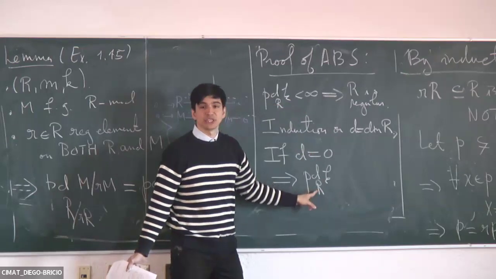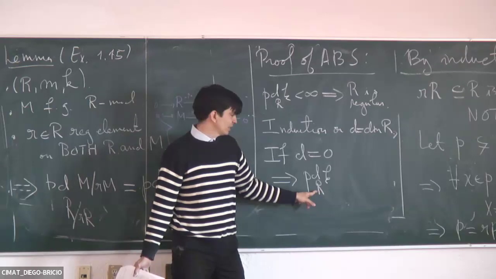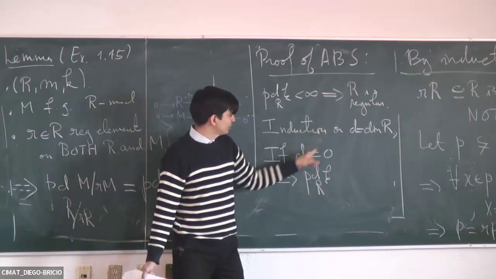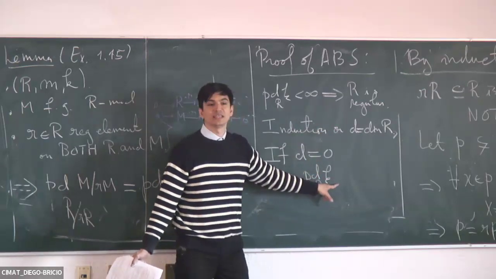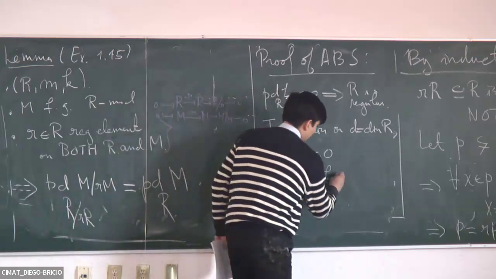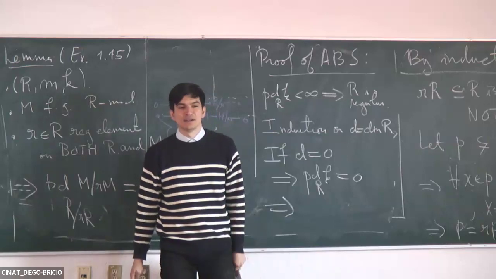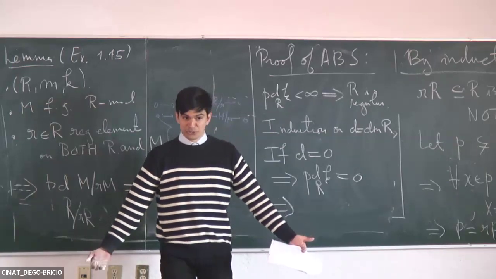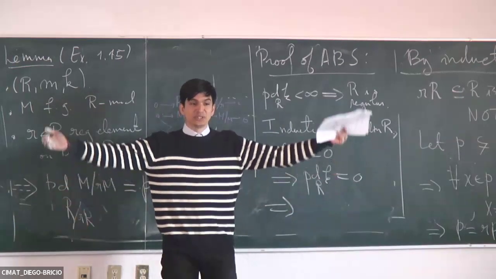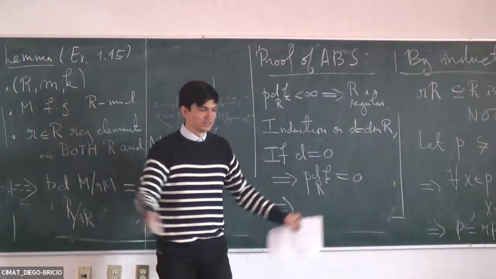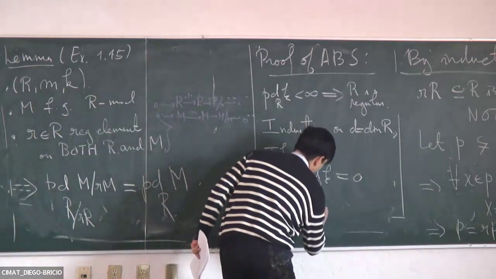And so it's going to imply that the projective dimension of k is 0, right? Because it is bounded by the depth, which is bounded by the dimension, which is 0. So this is 0. And what does that imply about k? That k is projective, but it is finitely generated, so it is free. So k is free.